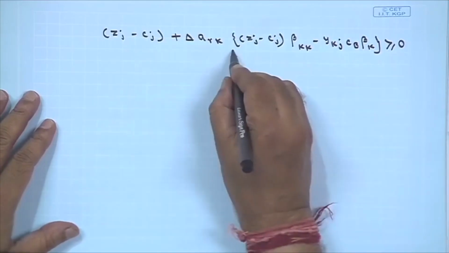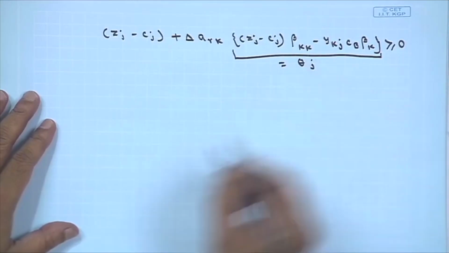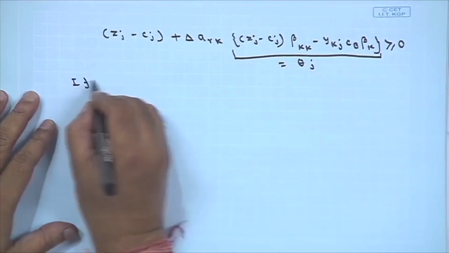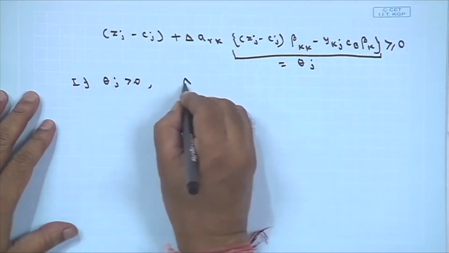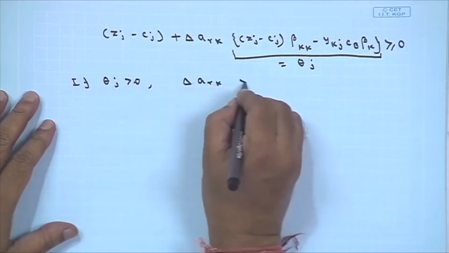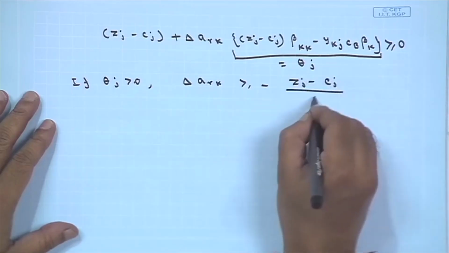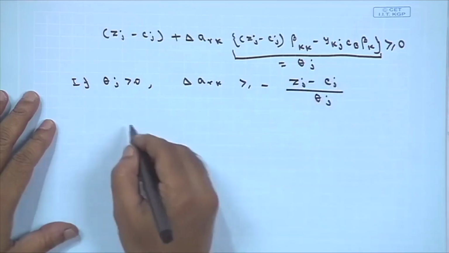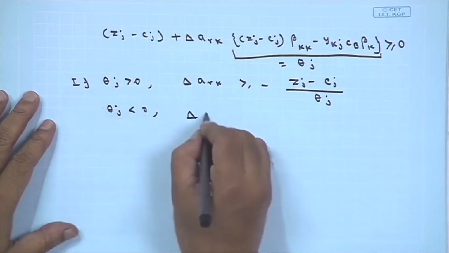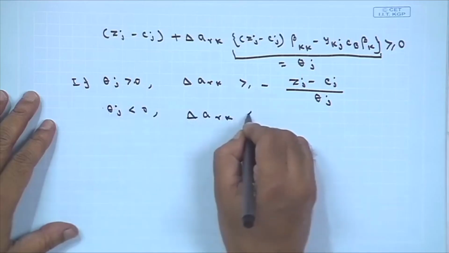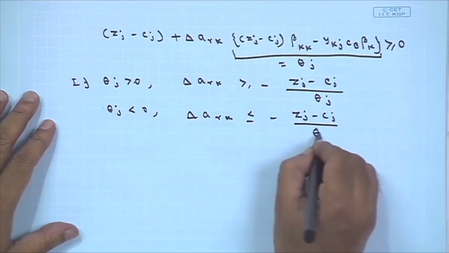Now, assume this quantity is equal to say theta_j. If theta_j is greater than 0, in that case delta a_rk is greater than or equal to minus (z_j minus c_j) by theta_j, and if theta_j is less than 0, then delta a_rk will be less than or equal to minus (z_j minus c_j) by theta_j.